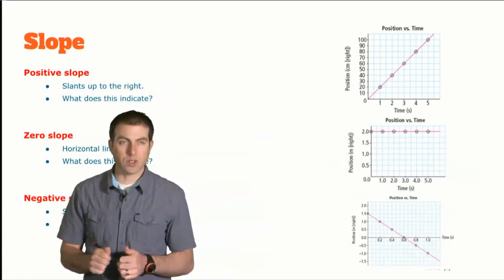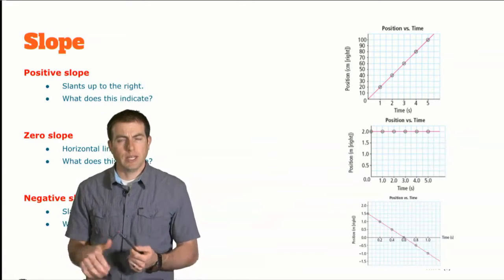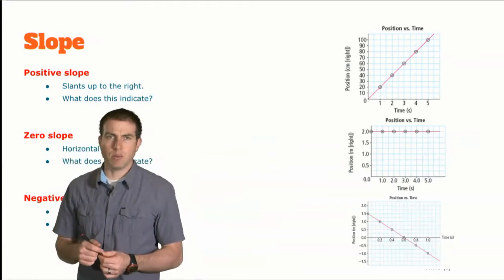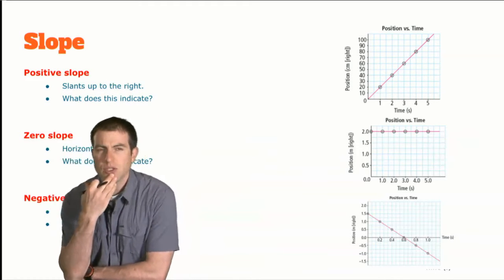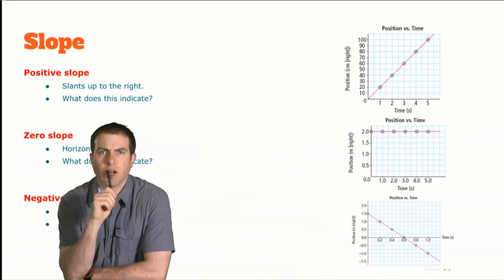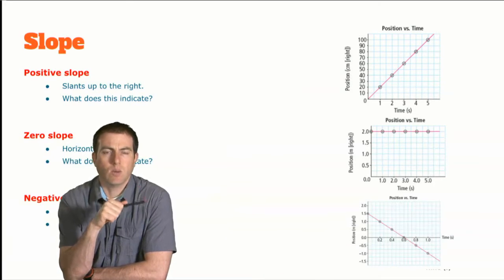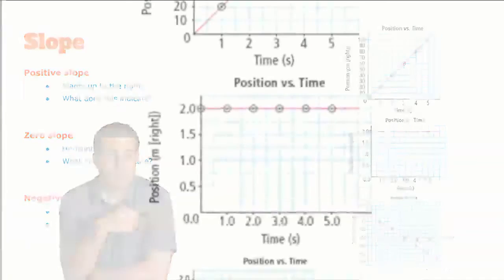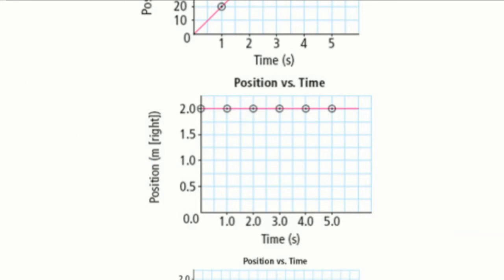How about the horizontal line, or 0 slope? Again, if you were to describe what was going on here, how would you describe what was happening to somebody? The second graph, horizontal line, what does that mean? What is the object actually doing? And think about it in the same way I just looked at the other one. If you're at 0 seconds, where's the object?